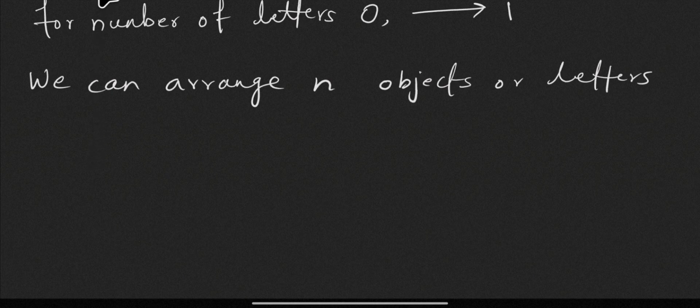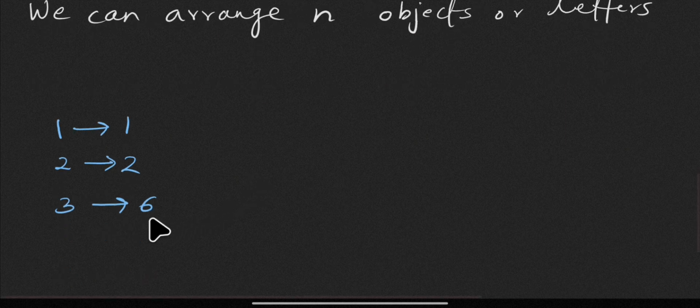For 1 we had one arrangement, for 2 we have 2 arrangements, for 3 we had 6 arrangements. When you observe the same pattern, for 4 you will get 24 arrangements. And here is a pattern.